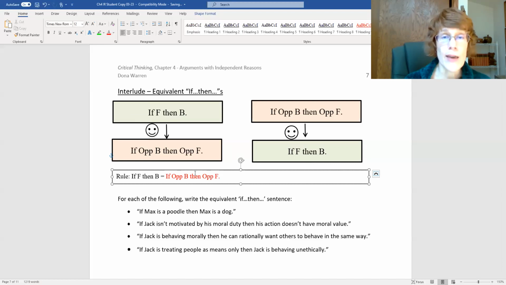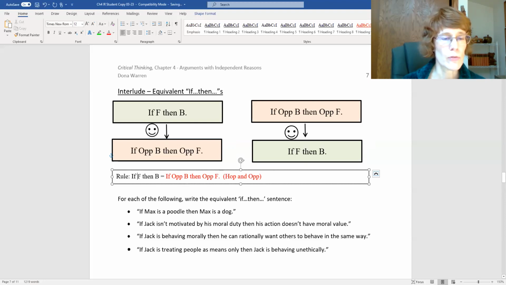There is a fancy word for this relationship or for this equivalence. It's called the contrapositive, but I actually prefer to think about it as the hop and op. I guess this should only have one P in it because we're talking like hopping like a bunny. Can you see why? It's because of exactly what we do.